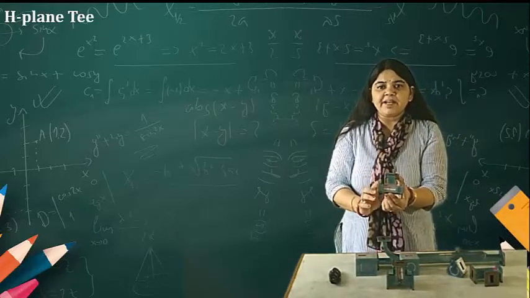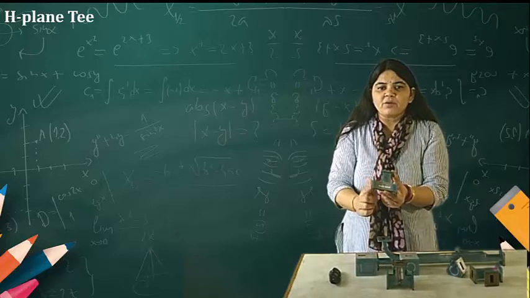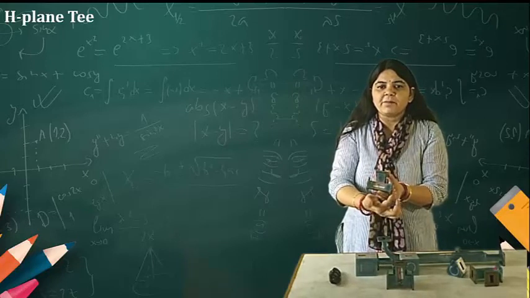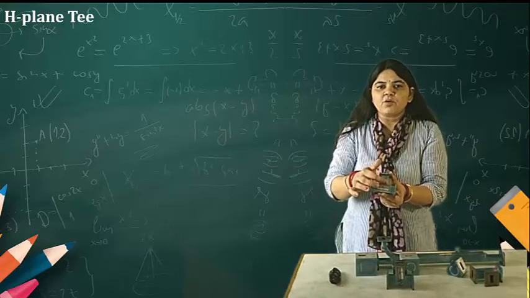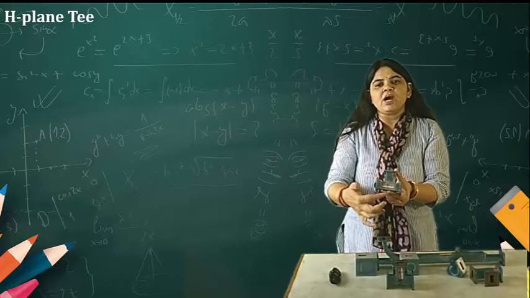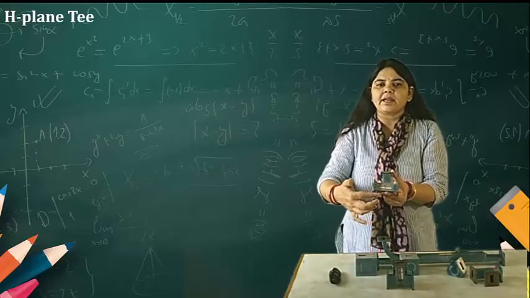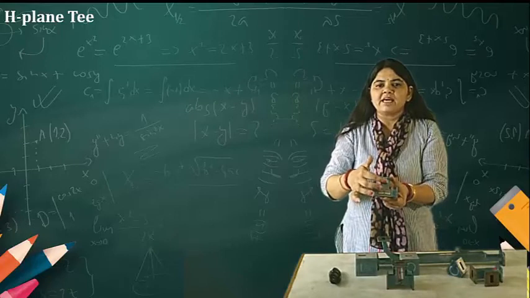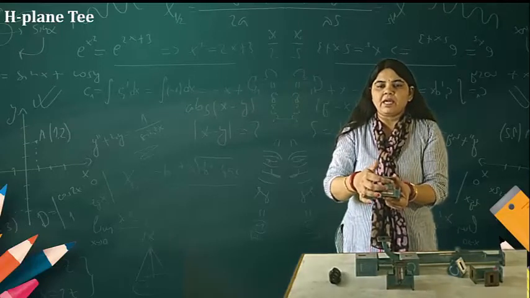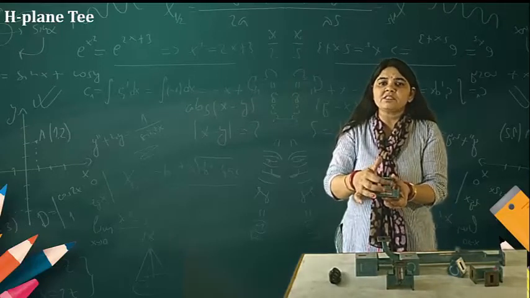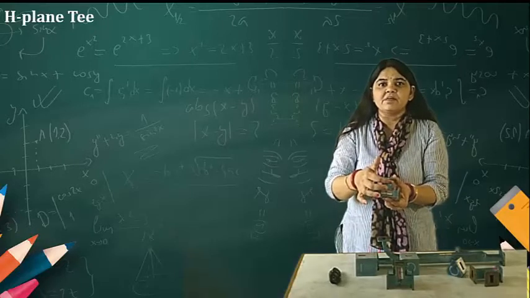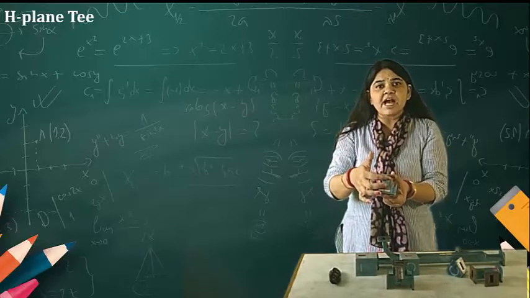This H plane T consists of port number 1 and port number 2, and this is port number 3. These two arms are known as the collinear arms, and this is the side arm, which is known as the H arm. Why is it known as the H arm?